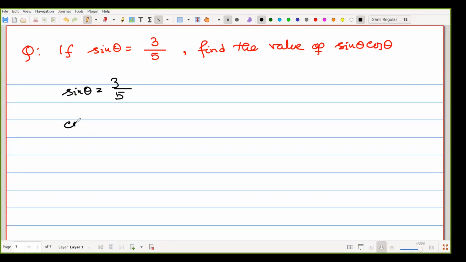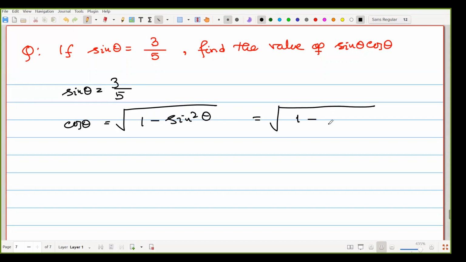So we can have cos theta is equal to square root of 1 minus sin square theta, or that is square root of 1 minus 3 by 5 whole square, or that one is square root of 25 minus 9 by 25, that is 16 by 25. Okay, that means 4 by 5.